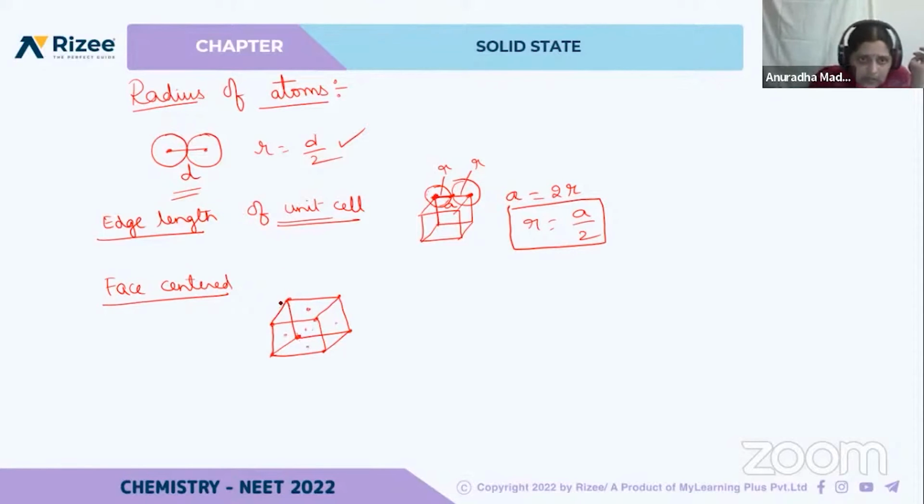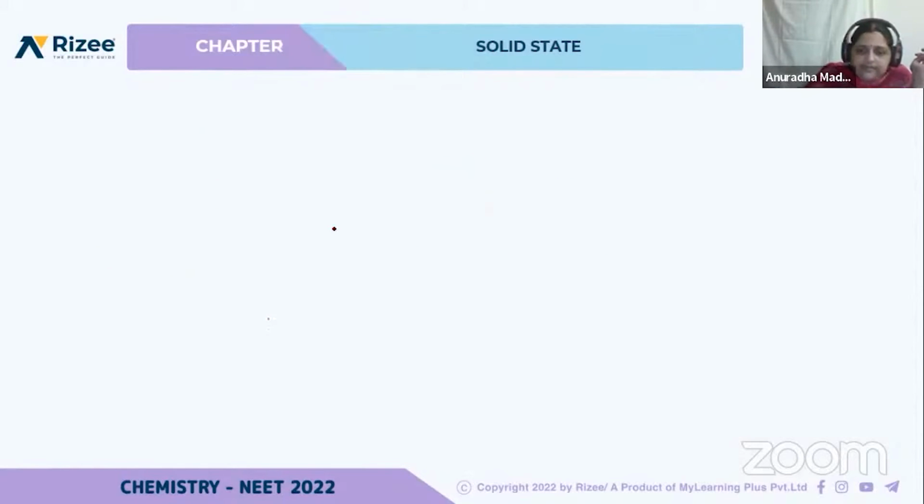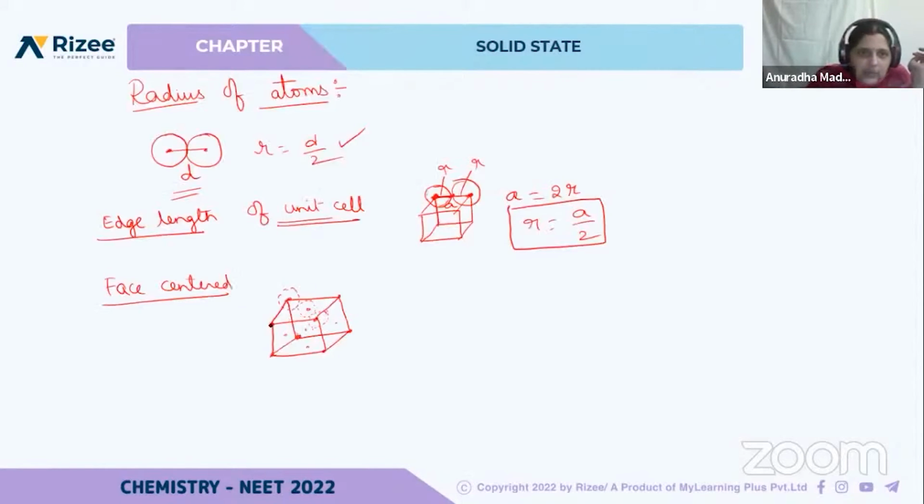So if we consider here one atom, here one atom, and here one more atom, the distance between these two points is, we know, the edge length.